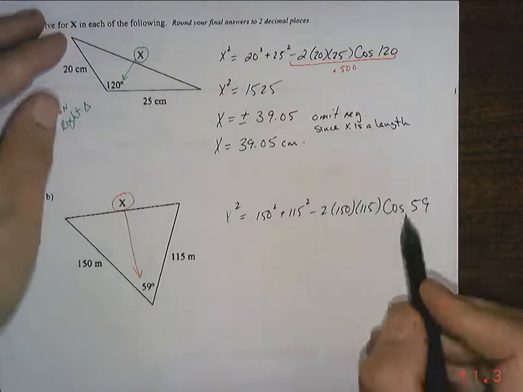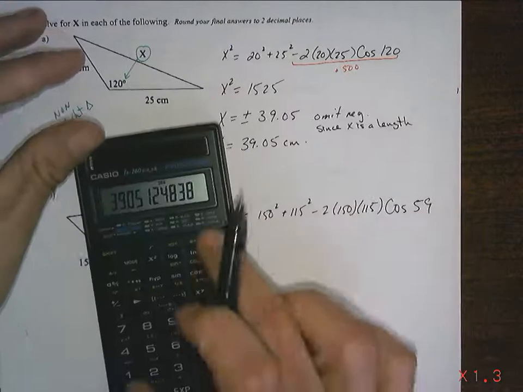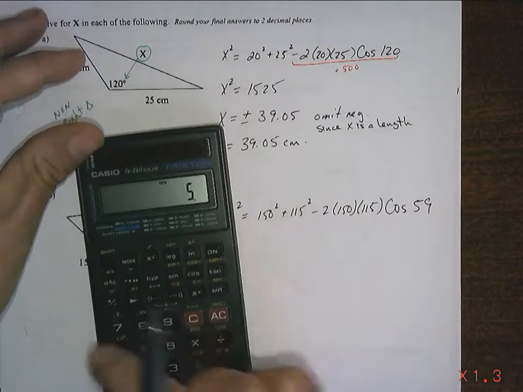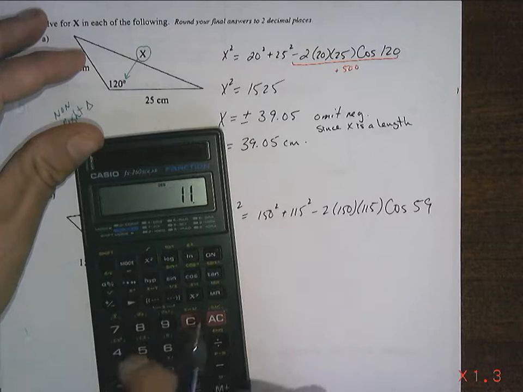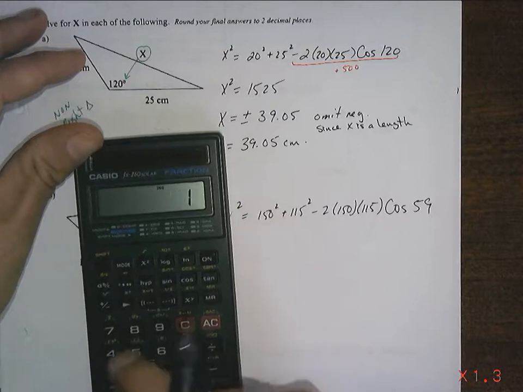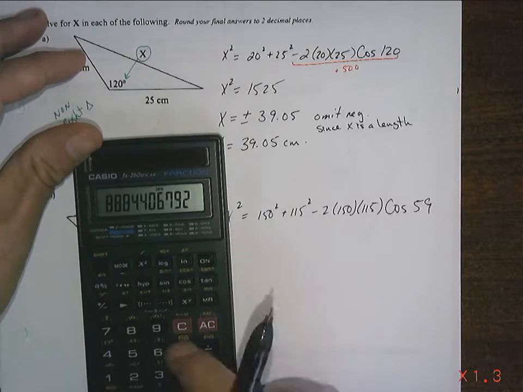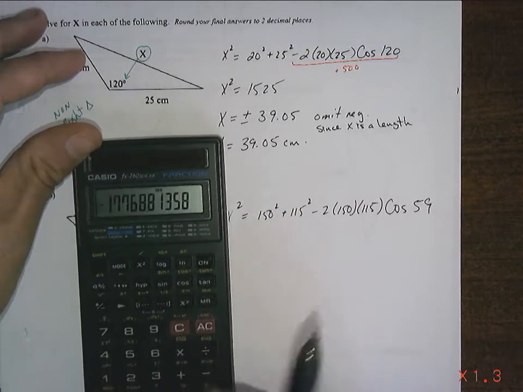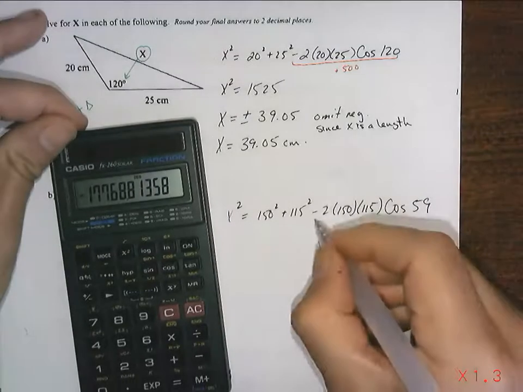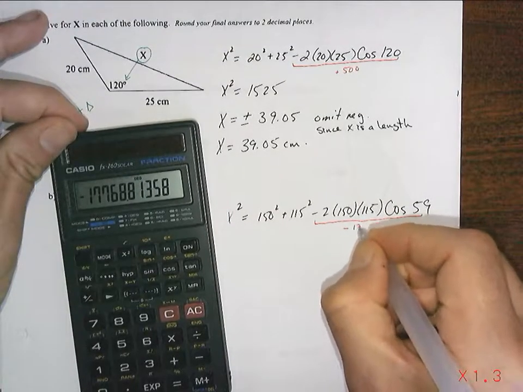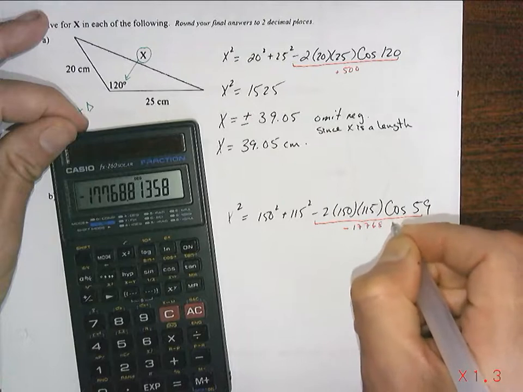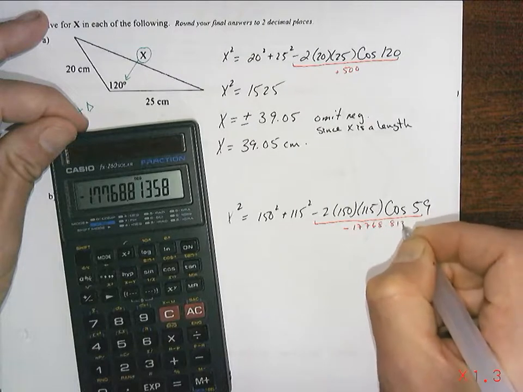It's the cosine law. Okay, so using your calculator, 59 cosine times 115 equals times 150 equals times negative 2 is, so my calculator's telling me that this whole thing is negative 17768.8135, and I don't care.